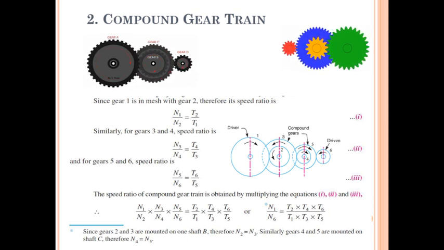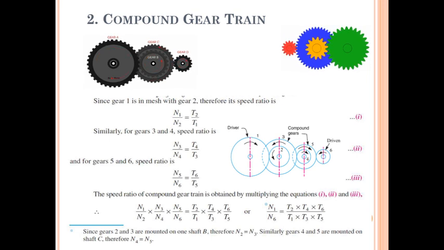Gear C is in mesh with gear D. Now from this first animation, the black colored animation, you will observe that A is meshed with B, B and C are mounted on the same shaft, C is in mesh with D. This type of gear train is called a compound gear train. That means when there is more than one gear on one shaft, such a gear train is called a compound gear train, isn't it?